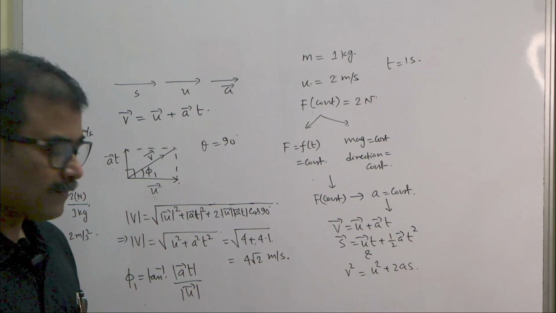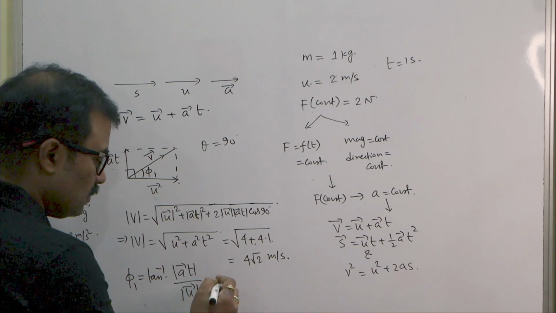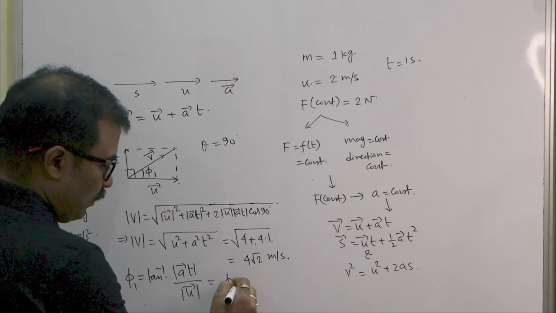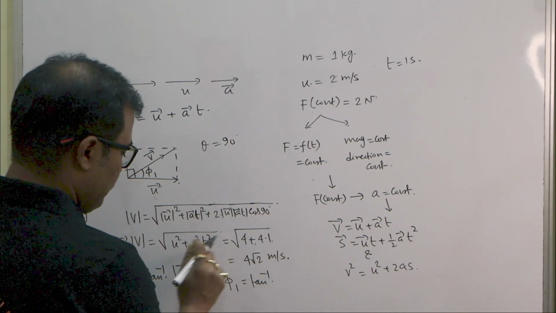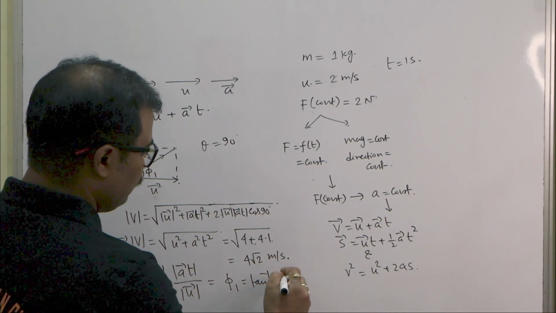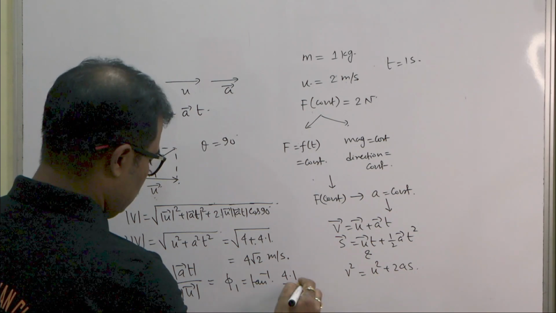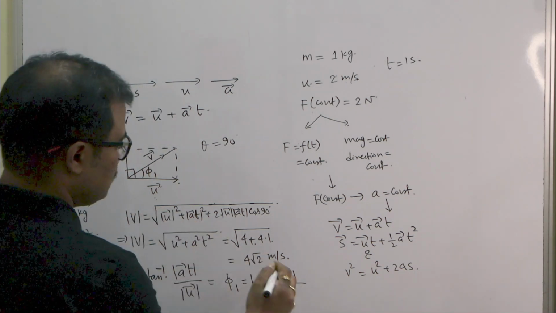That's how it goes. So phi 1 is tan inverse of at, which is 4 into 1, by u, which is 2.